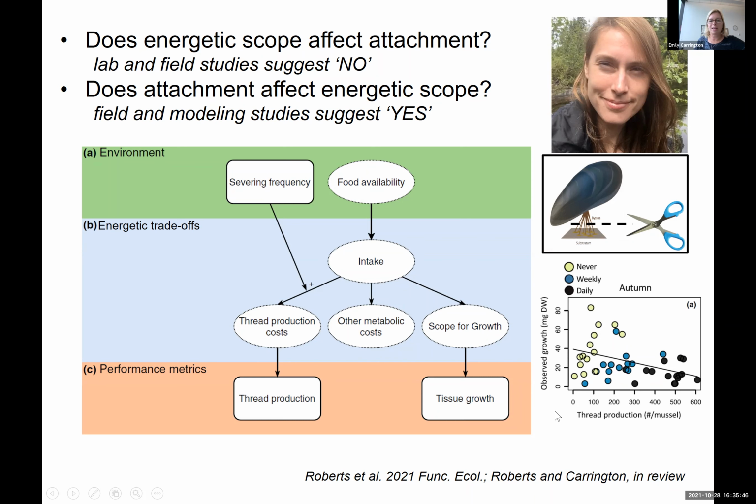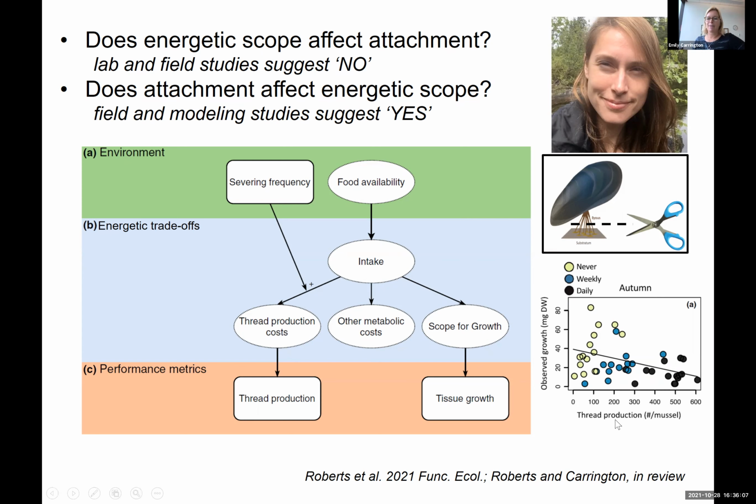Then when we measured the observed growth, how much tissue they produced over the course of that experiment, those that were not severed very often grew quite quickly, and we see a negative relationship here. So increased byssal thread production causes the mussels to grow less.